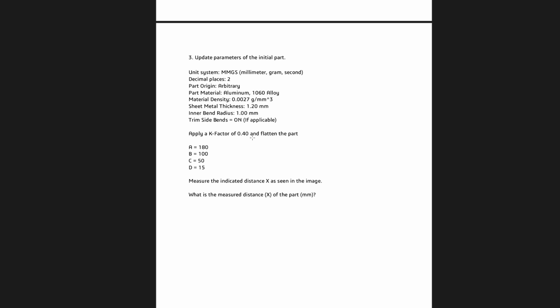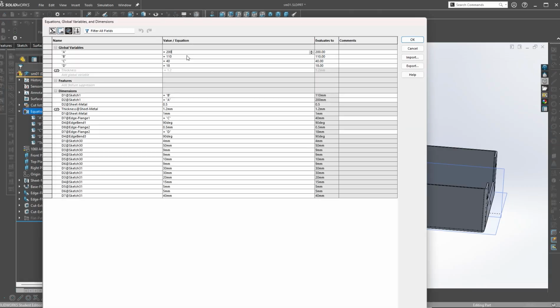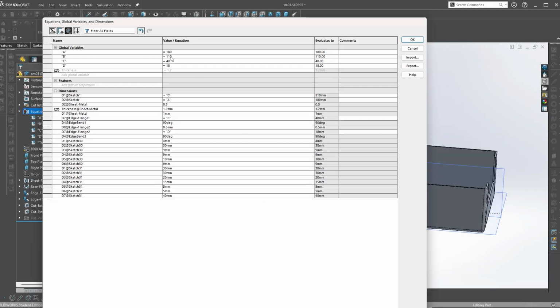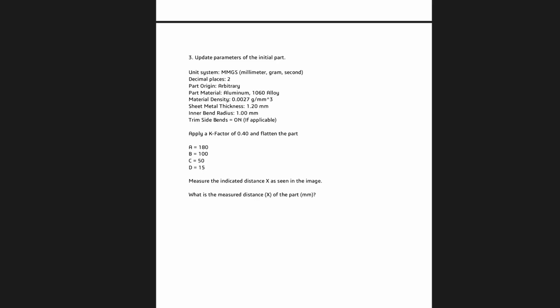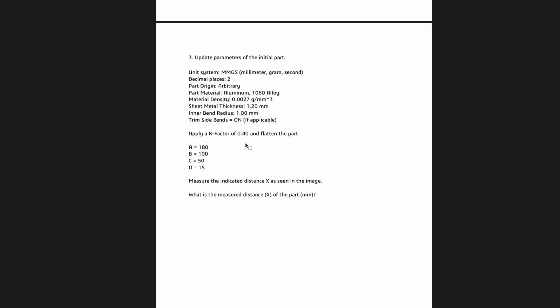Okay. Now we're updating our K factor to 2.4. Everything else stays the same, but we need to update our variables. First was 180. Then 100. 50. 15.